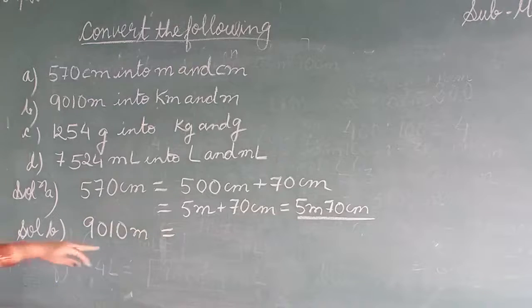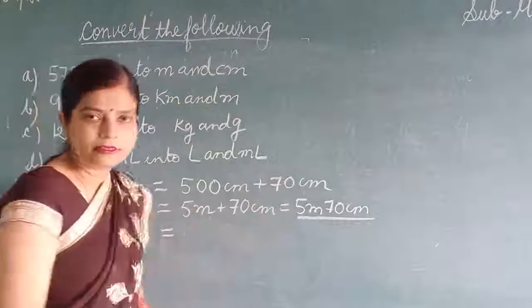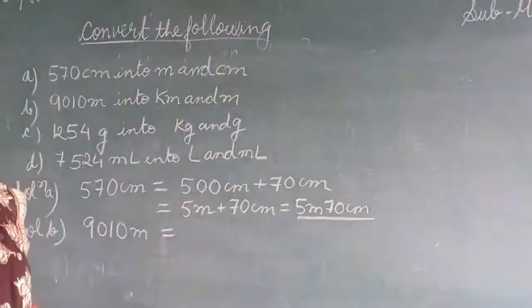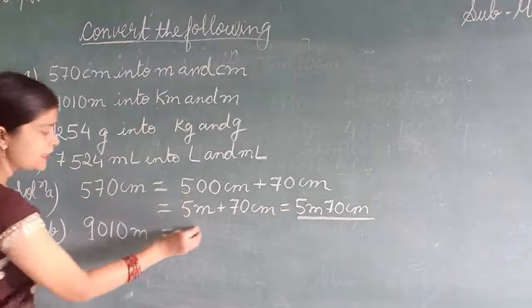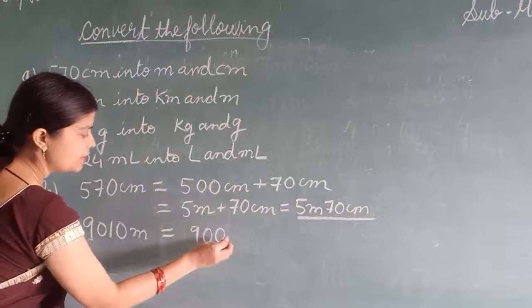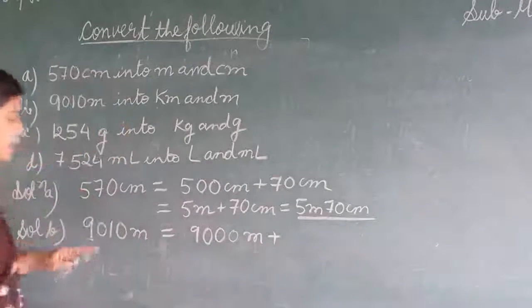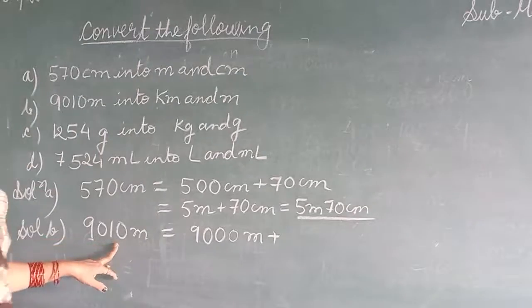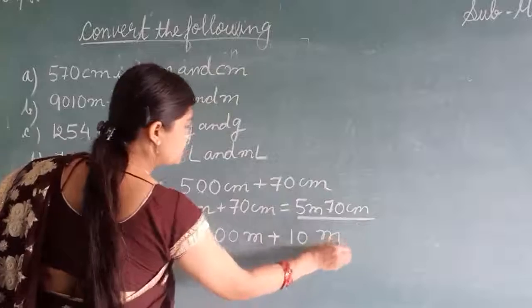So this meter, children, we can express in two parts with a plus sign. We know that 1000 meter is equal to 1 kilometer. So 1000 we will write separately. Here how many thousand is there? 9000. So 9000 we have written here. And after 9000 what is left here? 10. So 10 meter.